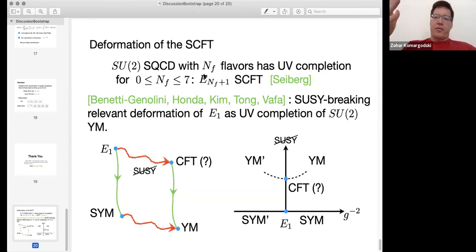Because if it's second order in 4D, it must be second order in 5D on a very large circle. But first order in 4D doesn't prove that it's first order in 5D, because the first order line can end on the second order point. So if you manage to understand the large circle theory and you're very lucky, then you might be able to prove something about 5D.